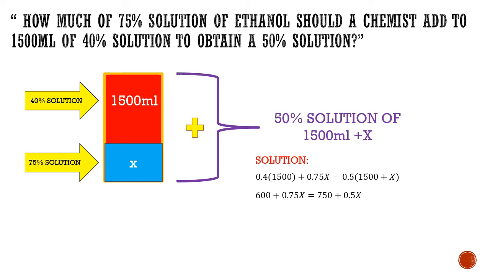Combine like terms lang natin. So, makakuha tayo ng 600 plus 0.75x is equal to 750 plus 0.5x. And then, makakuha tayo ng 0.25x is equal to 150. Divide lang natin both sides by 0.25 and we will get 600 ml as the value for ethanol.